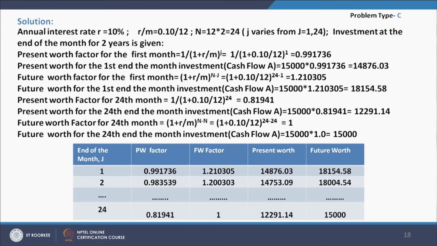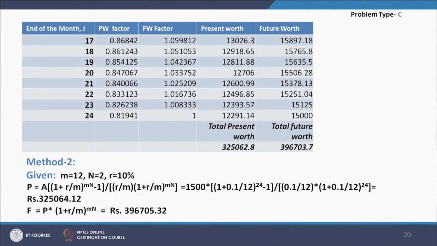This present worth becomes 12,291 and future worth becomes 15,000. Now, here I have noted the future worth factor, present worth and future worth, and when we add them up, the present worth is 3,25,062.8 and the future worth is 3,96,703.7.